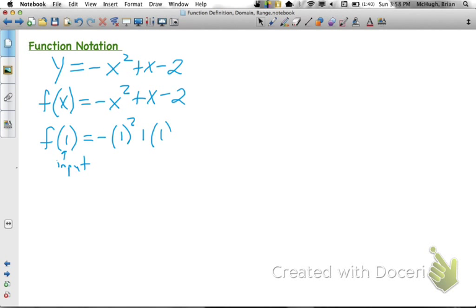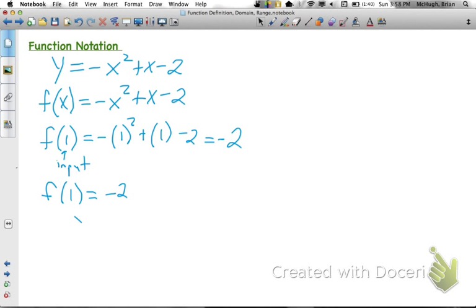Everywhere there's an x, we'll put a 1. Then we do the multiplying, adding, and subtracting to get an answer for what the y value is when x is 1, and call it f of 1. So 1 squared we do first, that's 1. Take the opposite of it, it's negative 1, plus 1 is 0, minus 2, so this answer is going to equal negative 2. We can write that as f of 1 equals negative 2.